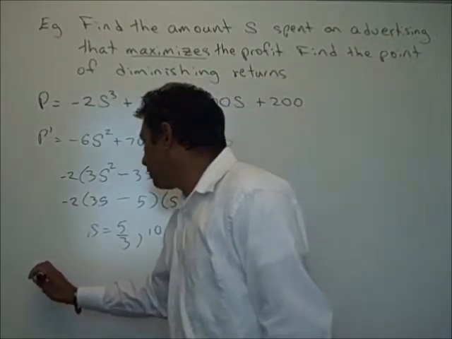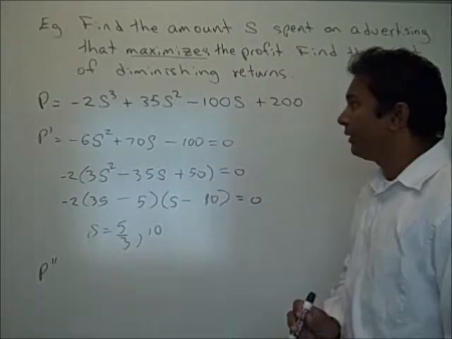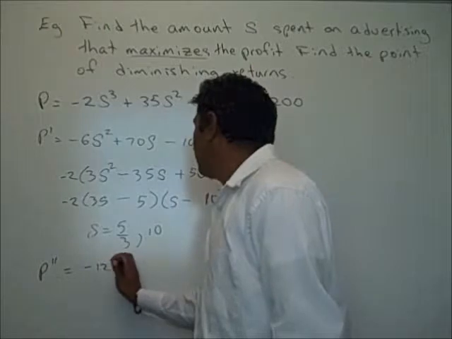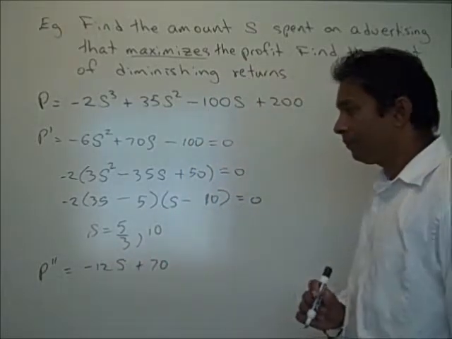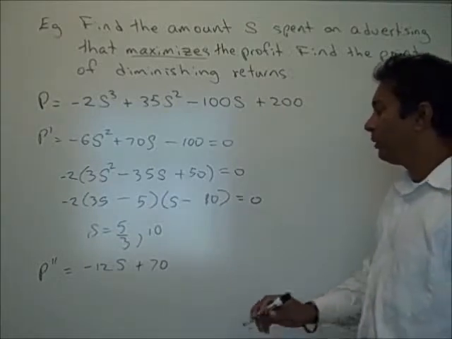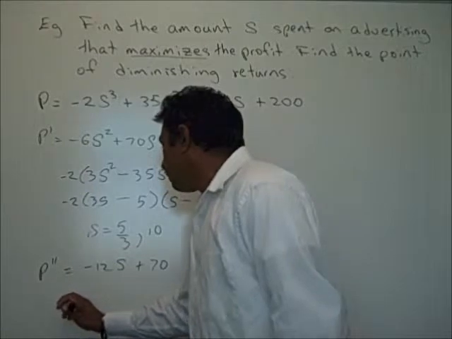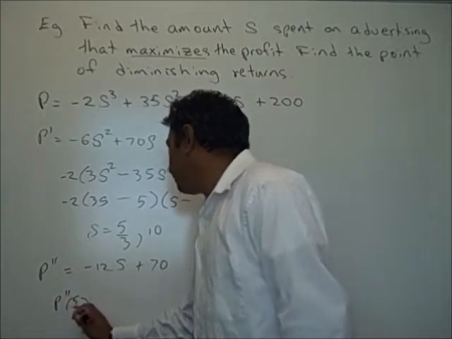The second derivative test is generally a little fewer steps, so if we take our second derivative of this, we get negative 12s plus 70. Now if we substitute 5/3, we get p double prime of 5/3.